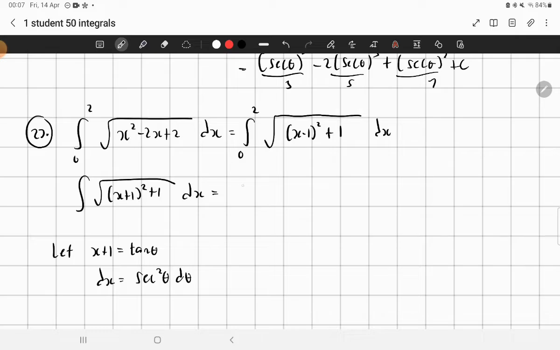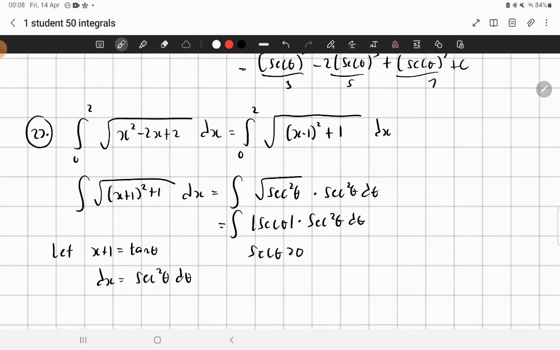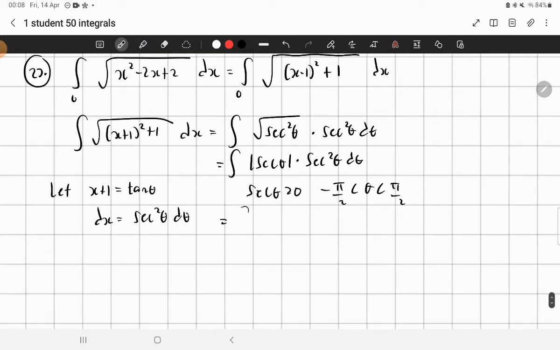So this implies that the square root is the square root of secant squared theta. I recognize this integral, honestly, using IBP. So let me just mention the condition that it needs to fulfill in order to get rid of the square root. Therefore, you will have this. Now solve this.